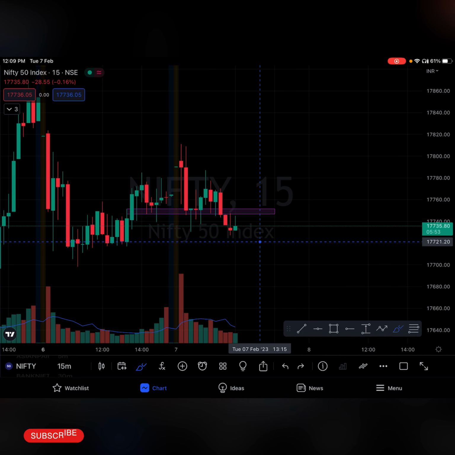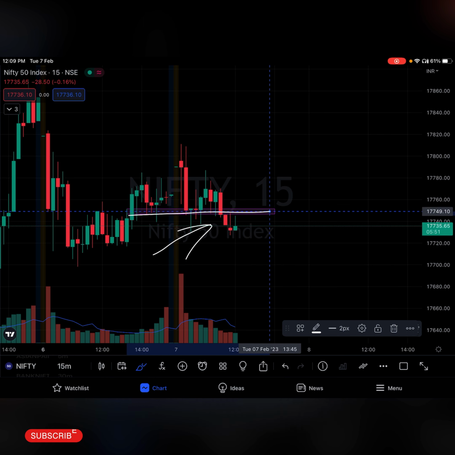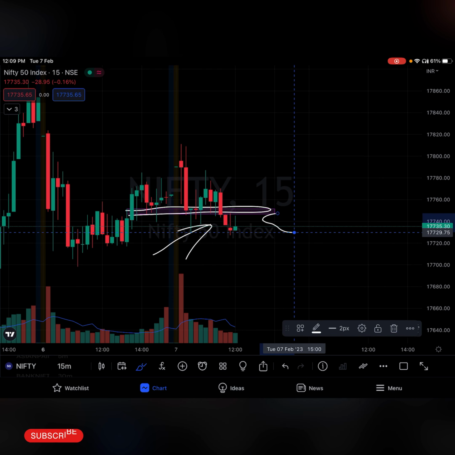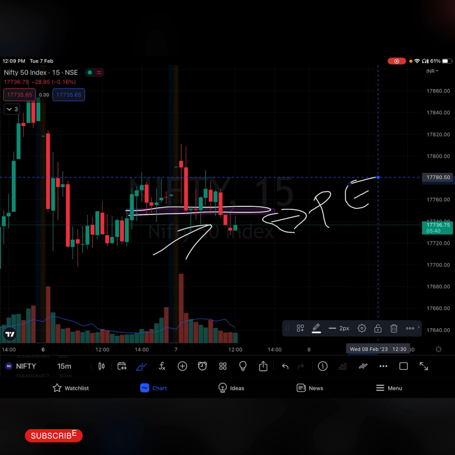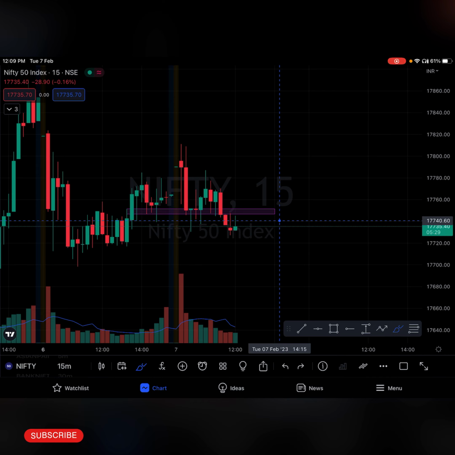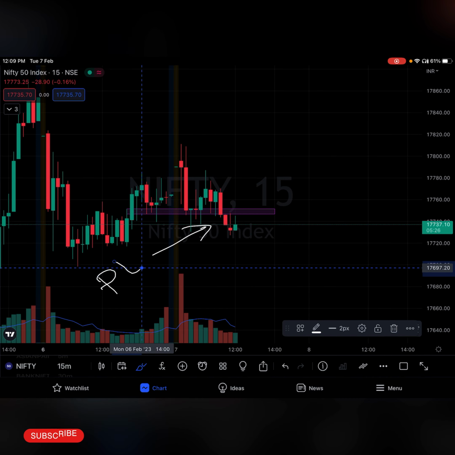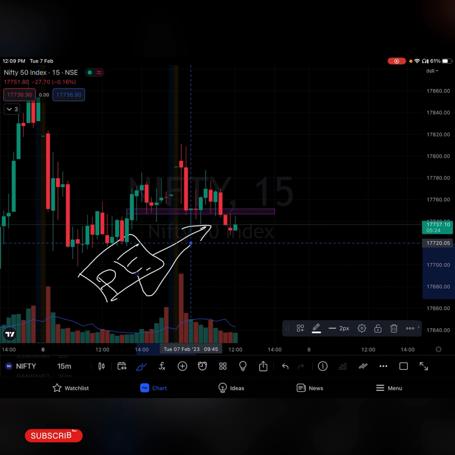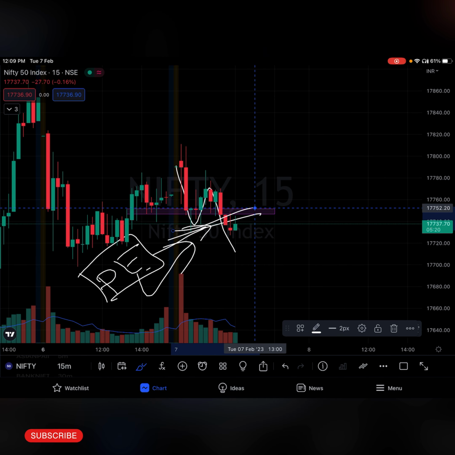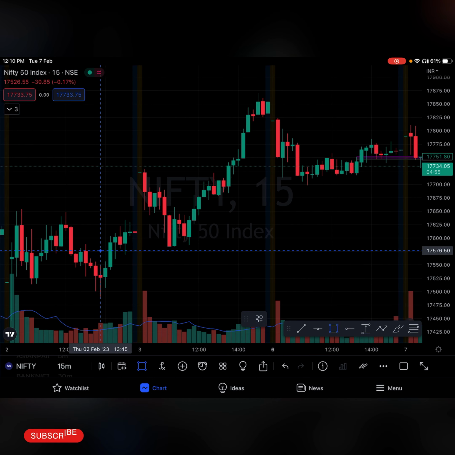This is called the resistance zone, and my analysis is saying that the market may fall from this zone. So I have to execute PE option at this particular time. Got it? I have to buy put option because my analysis is showing that the market may go down further.